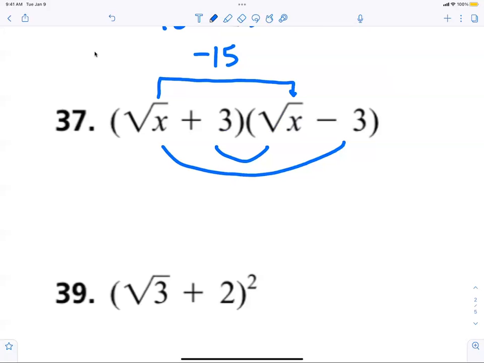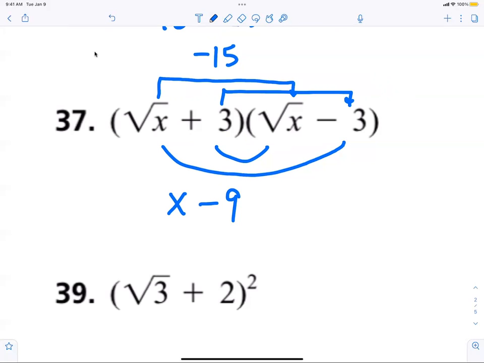Now you are not wrong, Luca, to say square root of x squared. That is not wrong. It's just that's going to simplify down to x. Does that make sense now? So we have x. And then what's the last? Minus 9. That's how simple. That's how easy.